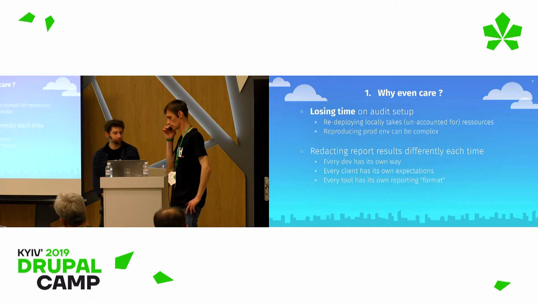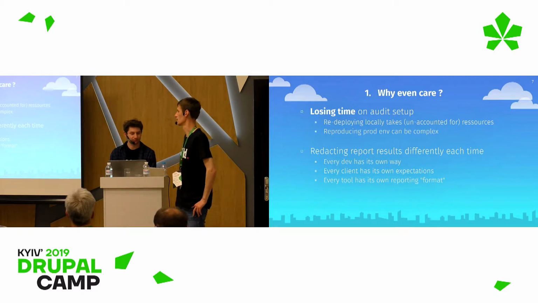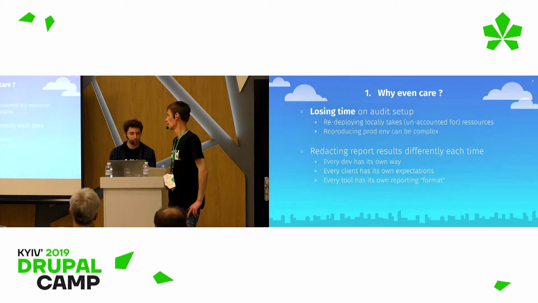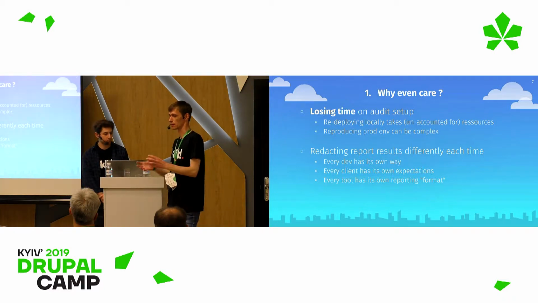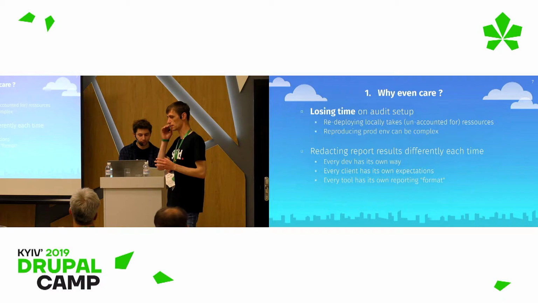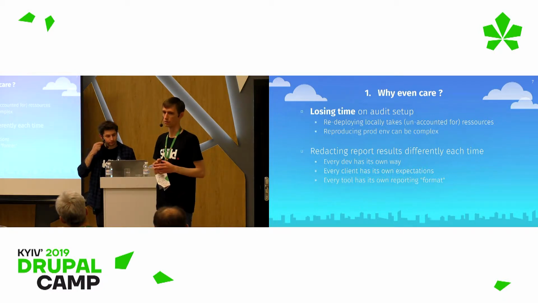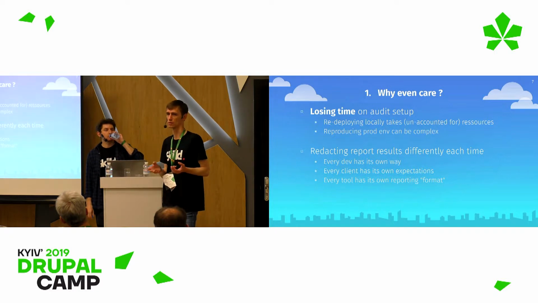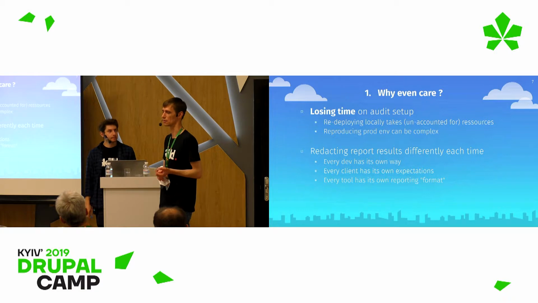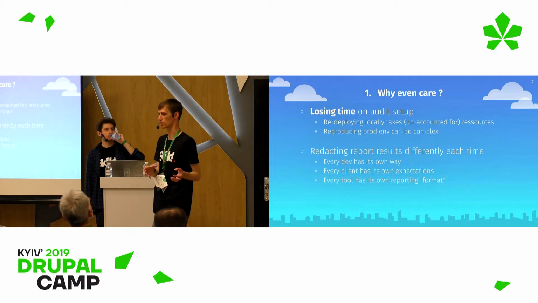So basically, I just want to add some notes. Speaking about losing time on audit setup, as you know, a customer usually expects results which are related to his production environment, and developers usually use tools like Docker, some other virtual machines, and so on to build local infrastructure.